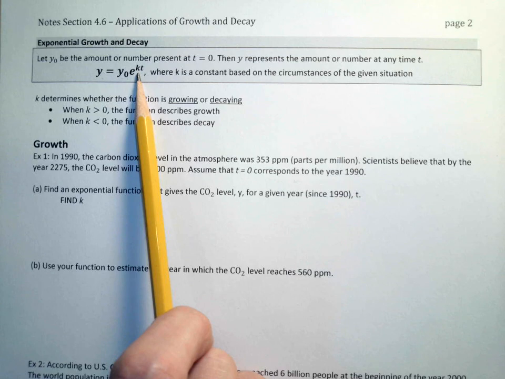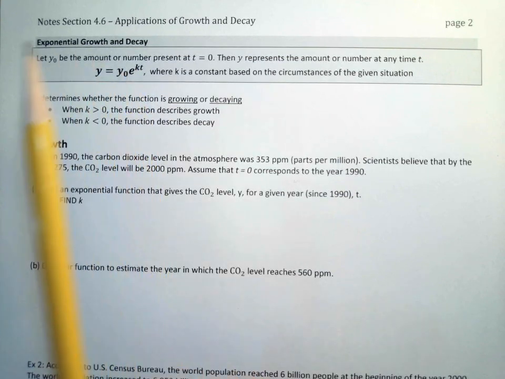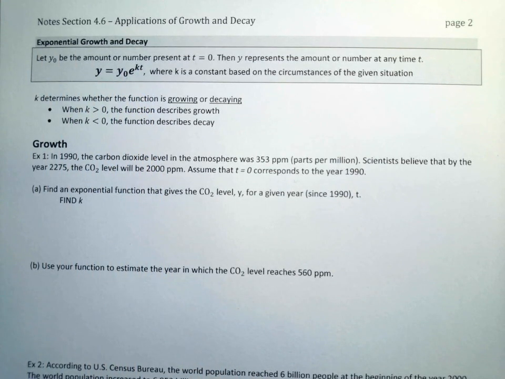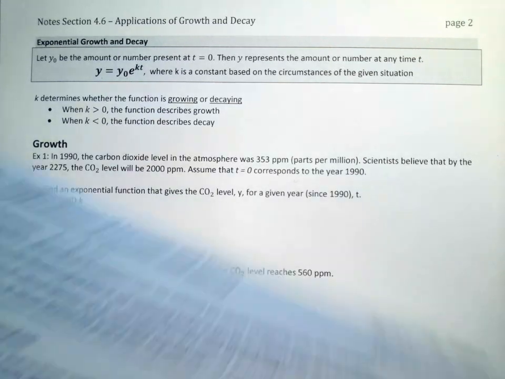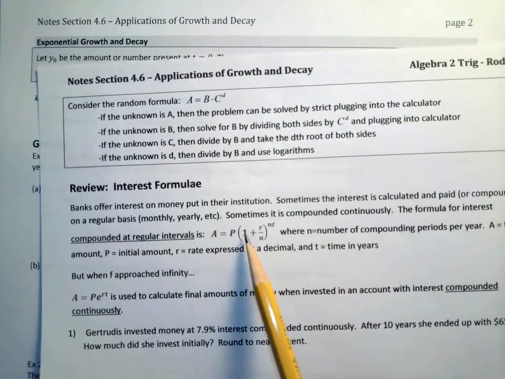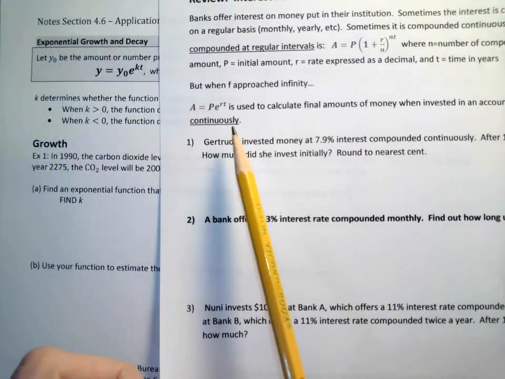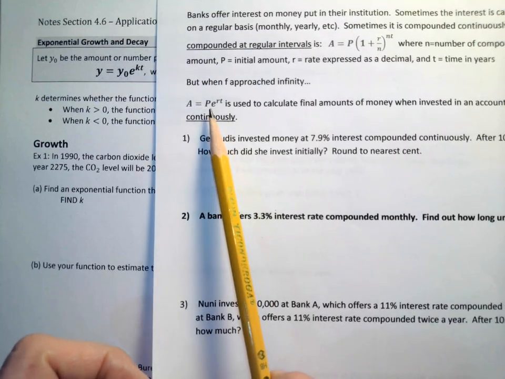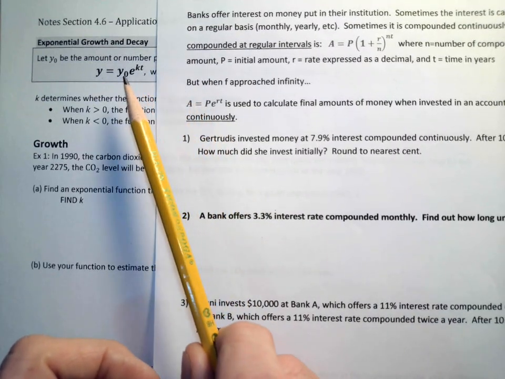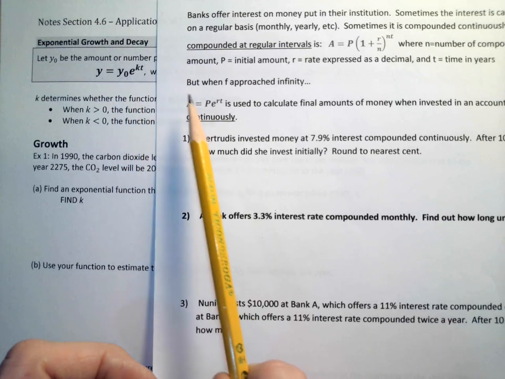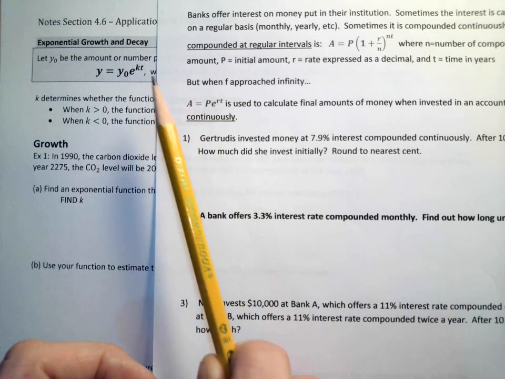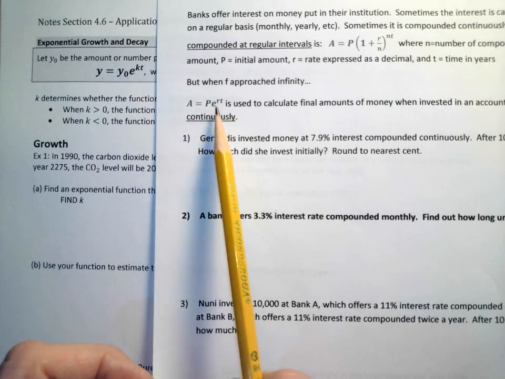k is sort of like the interest rate. If you think back to page 1, when we were dealing with compounded interest, you can see that that formula is very similar to the formula for growth, so our k and r are sort of the same thing.